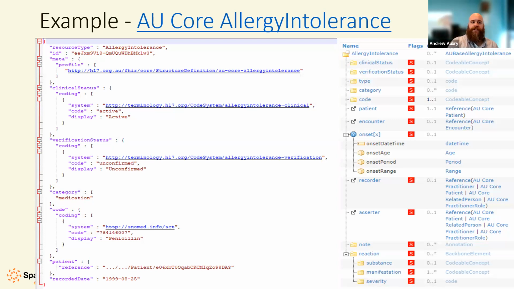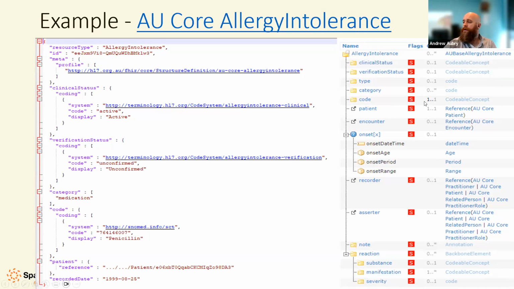So this is an allergy intolerance resource. It has a lot of the elements that we would expect to see. And when we take a first look at it, we ask the question, is it valid from a FHIR perspective? Is this a well-formed FHIR allergy intolerance resource? Yes, it meets the cardinality requirements of the allergy intolerance resource on the right.